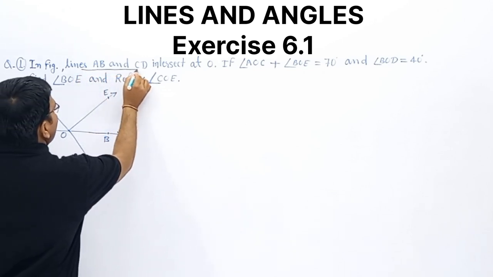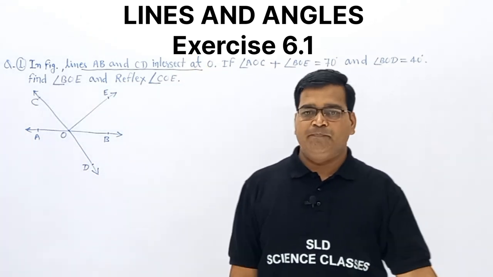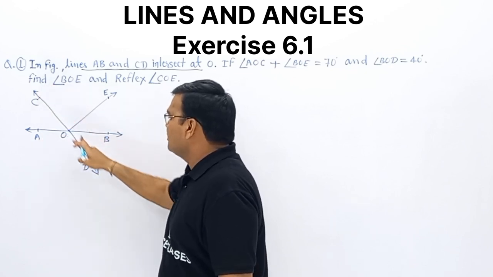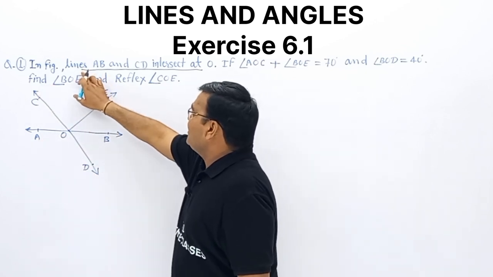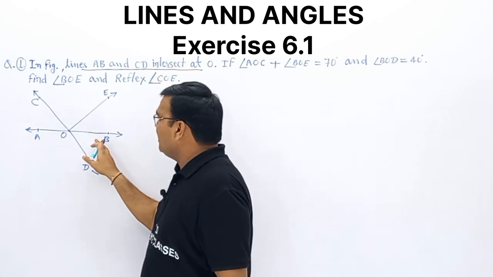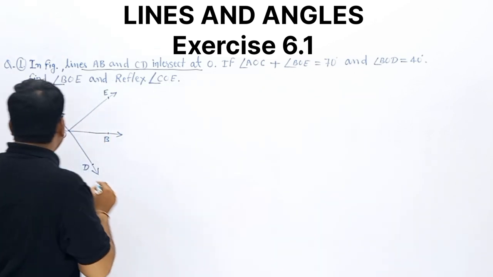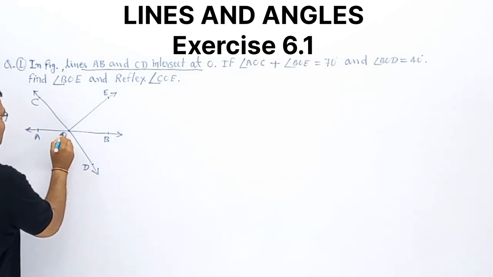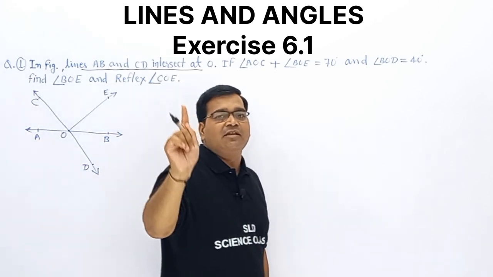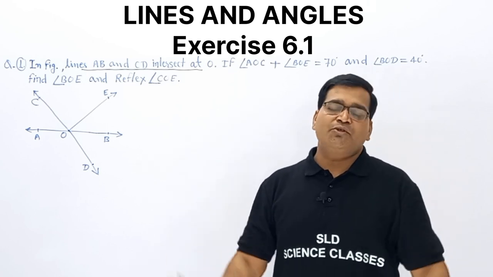Lines AB and CD intersect at O. Two lines we are having: one is AB, the other one is CD. AB and CD are intersecting at point O. It is given in the question.